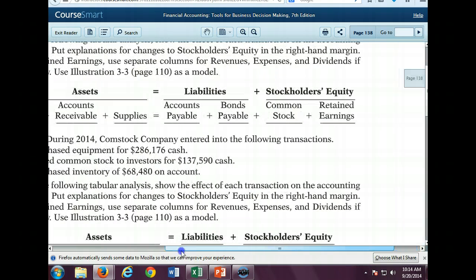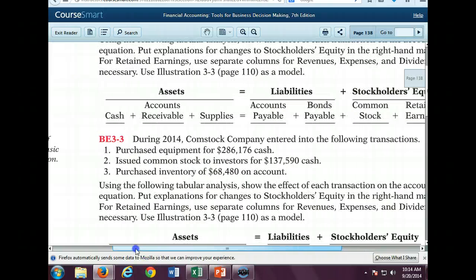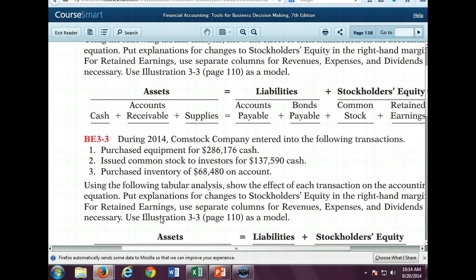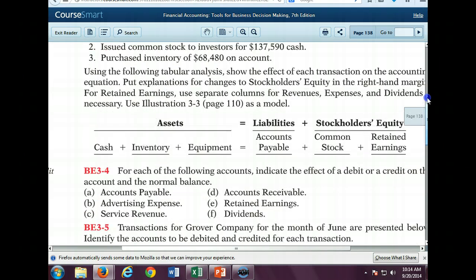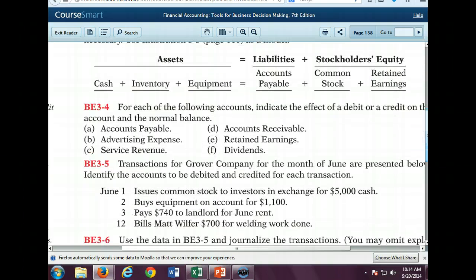During 2014, Comstock Company entered into the following transactions. I'm really confused. That piece was for the prior problem. B3, okay. So this one, we might have to change some up.